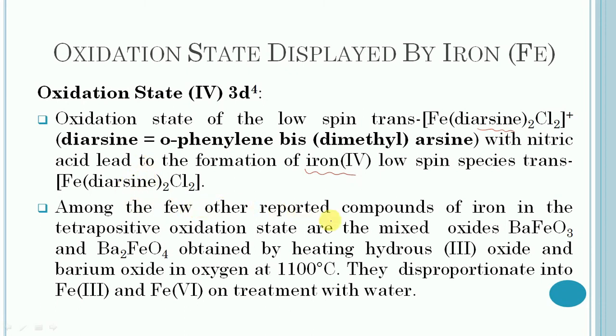Among the few other reported compounds of iron in the tetrapositive oxidation state are the mixed oxides of barium with this compound and this compound, obtained by heating hydrous iron 3 oxide and barium oxide in the presence of oxygen at 1100 degrees Celsius. They disproportionate into iron 3 and iron 4 on treatment with water.